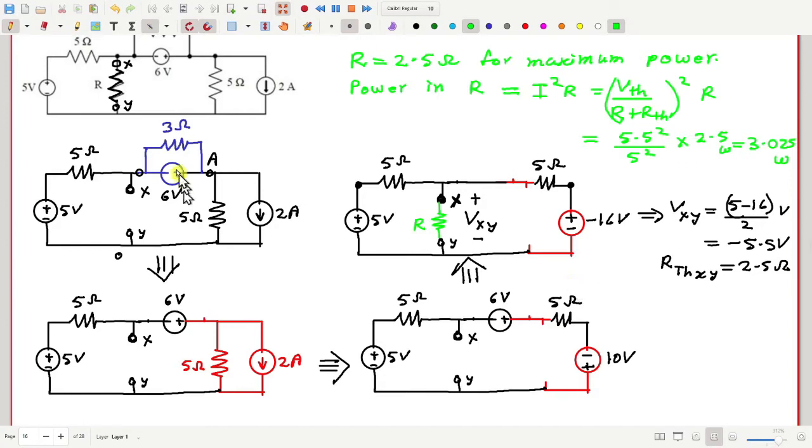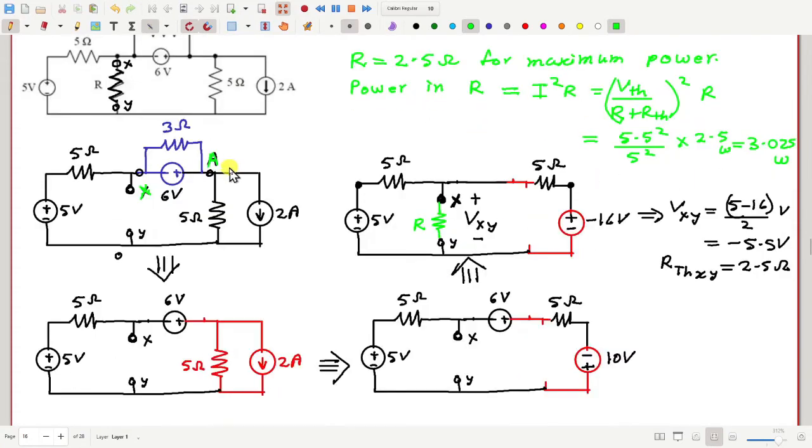No. See, this 3 ohm resistance actually is a false, dummy kind of resistance, because when you consider this blue part, the equivalent of this blue portion is just this source alone. 3 ohm is not there because between X and A the resistance is 0, since 3 ohm is in parallel with 0 resistance of the source, and anything in parallel with 0 is equivalent to 0. Alright, got it, sir.